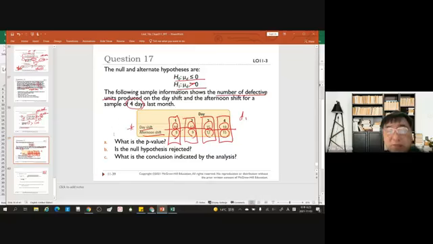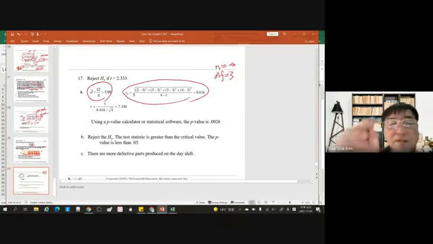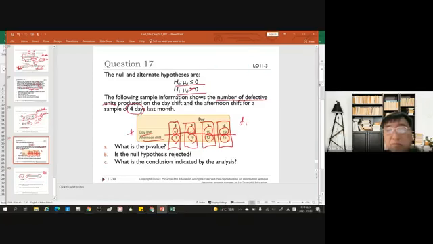So we will calculate directly. The D average is so... T1 is... I will erase this one.